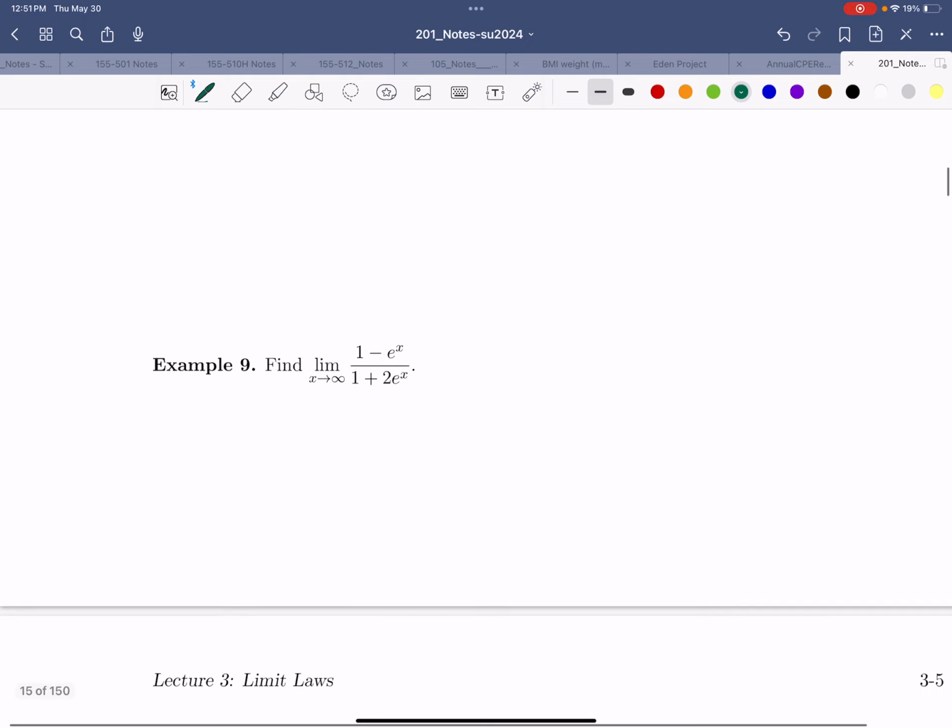Let's go on to example 9 really quickly. Even though we're dealing with an exponential function, not a polynomial, because the x is in the exponent, not in the base, we can use similar techniques. If we try to evaluate this limit straight up, we get infinity, or I guess negative infinity over infinity.